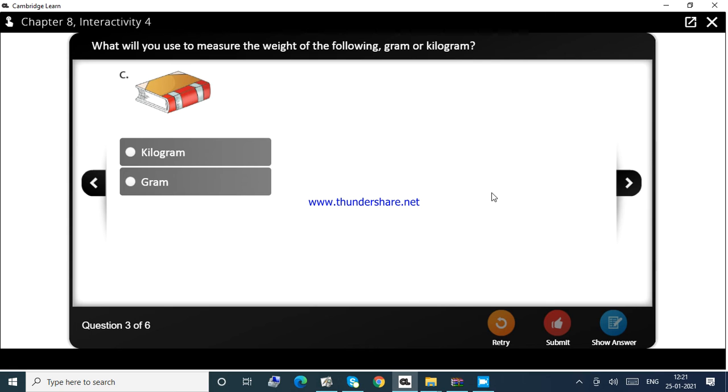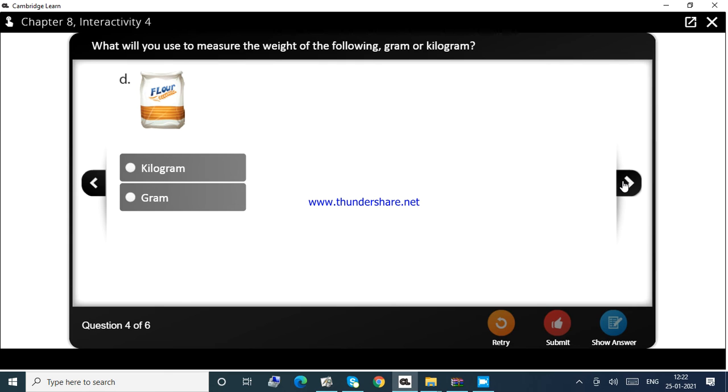It is a lightweight, so it is denoted gram. And then D part, flour, kilogram or gram? It is a heavy weight. It is denoted kilogram.